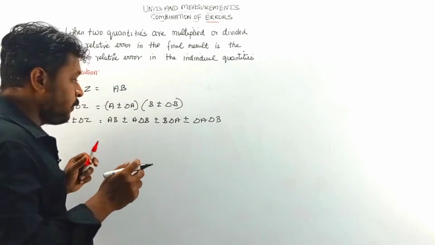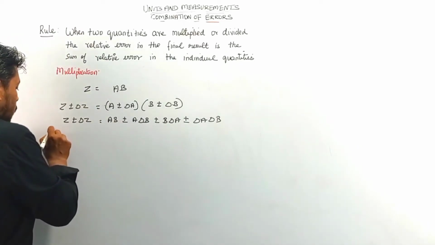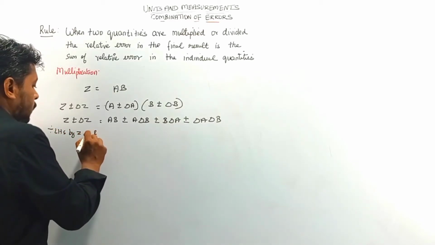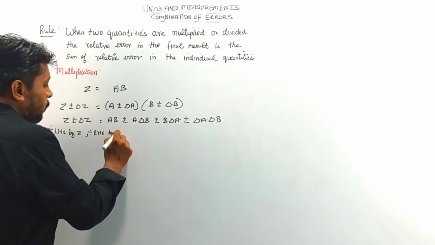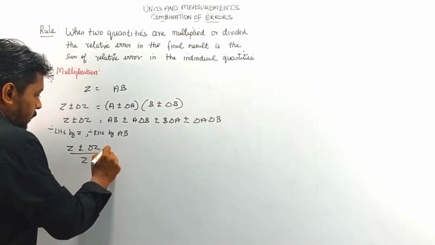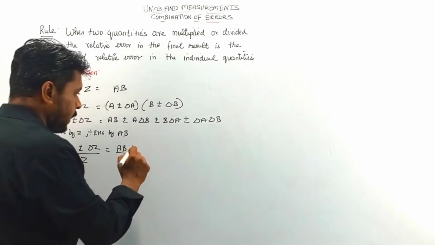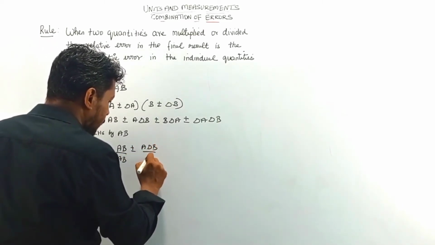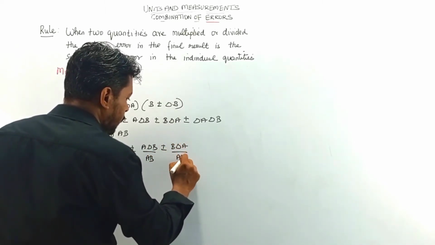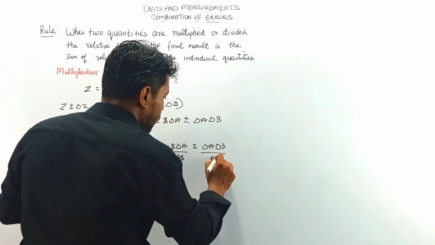Now I am going to divide the LHS by Z and the RHS by AB. So Z plus or minus delta Z by Z is equal to AB by AB plus or minus A delta B by AB plus or minus B delta A by AB plus or minus delta A delta B by AB.